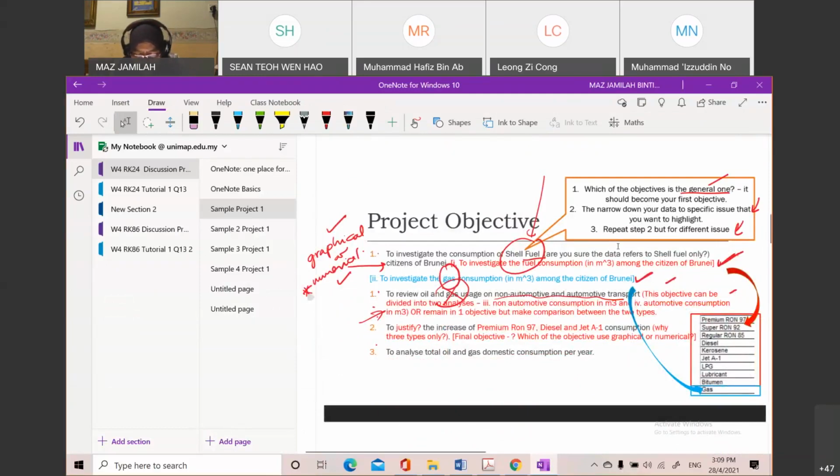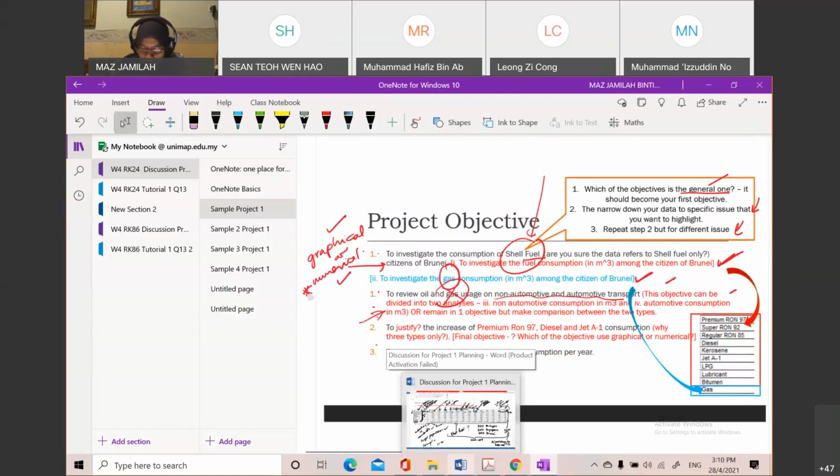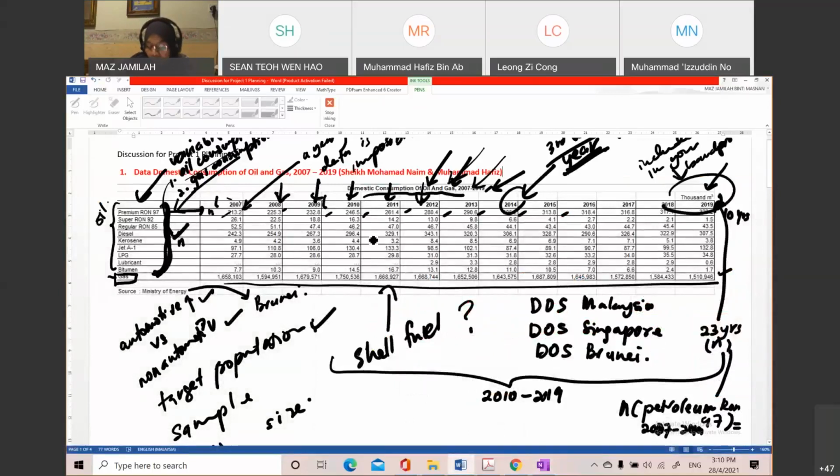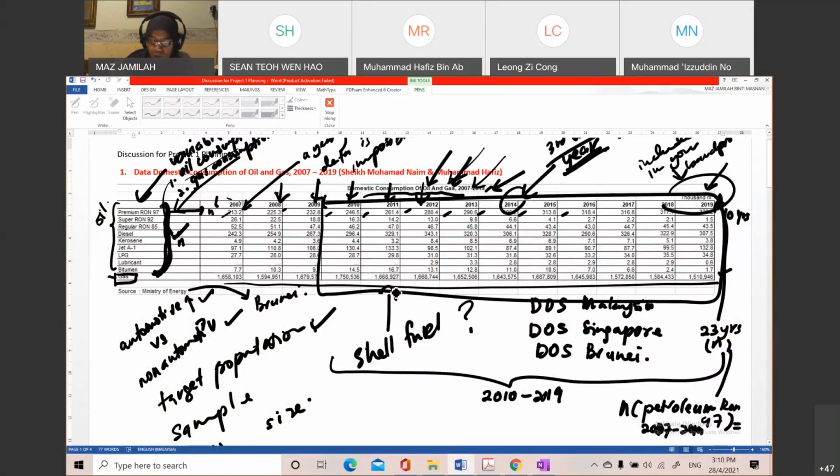Doctor, I have a question. Yes. Can a project have more than one sample size, since different objectives require different samples? It depends on your objective. It's possible to have more than one sample size. If you wish to specify your sample size, and you have already decided that for this particular topic you are going to focus on this particular data, then this one will be your focus.